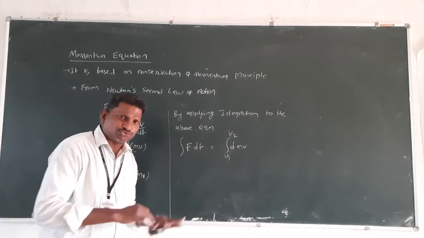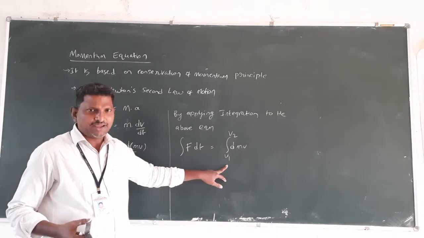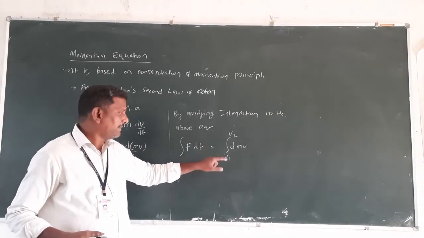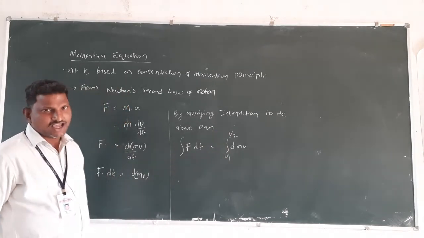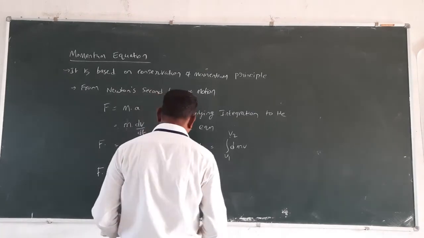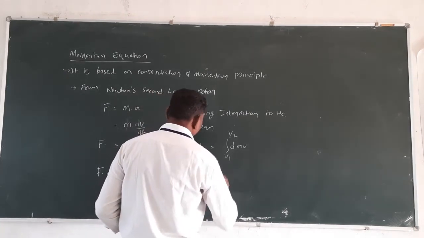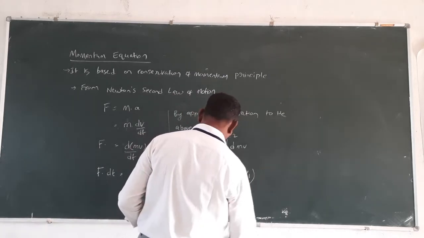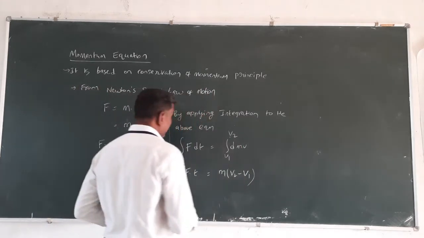As we apply a certain force, definitely velocity will be changed. Therefore, we represent the limits: initial velocity one limit, final velocity another limit. Okay, so we will get F into t. This is equal to m into (v2 minus v1).